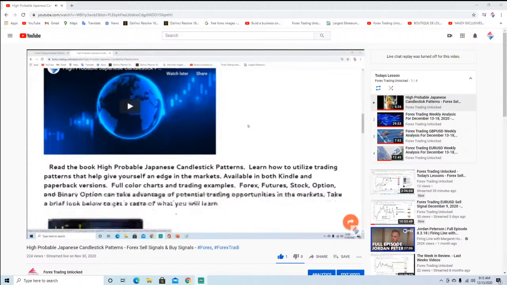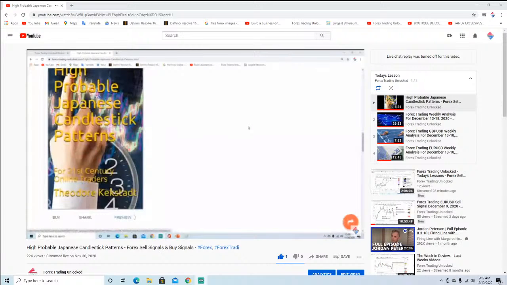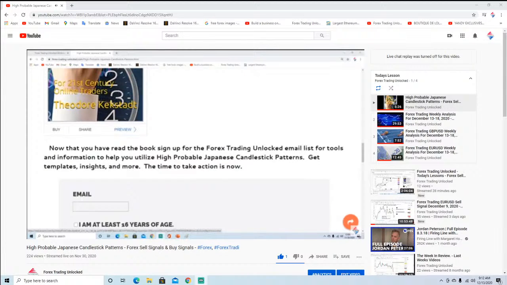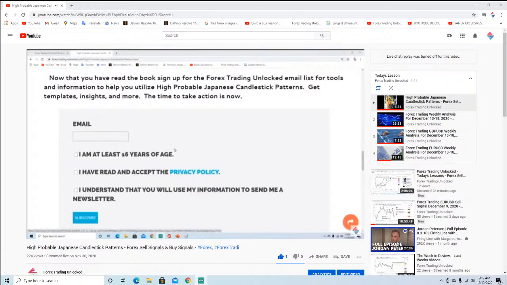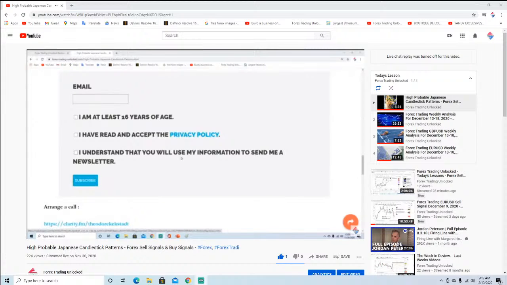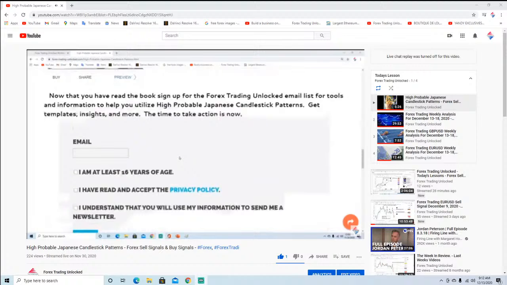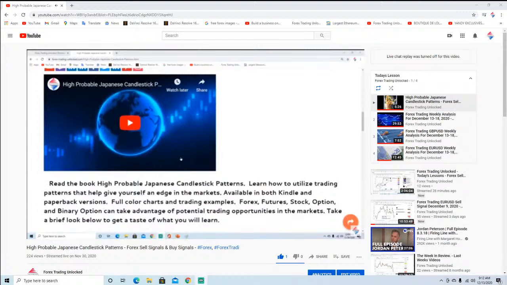We also have a copy of the book on the web page, where you can either buy it or share it, but first you can preview it. At the bottom of the page you can also join our email list, and you can find access to other parts of our website from this page as well.